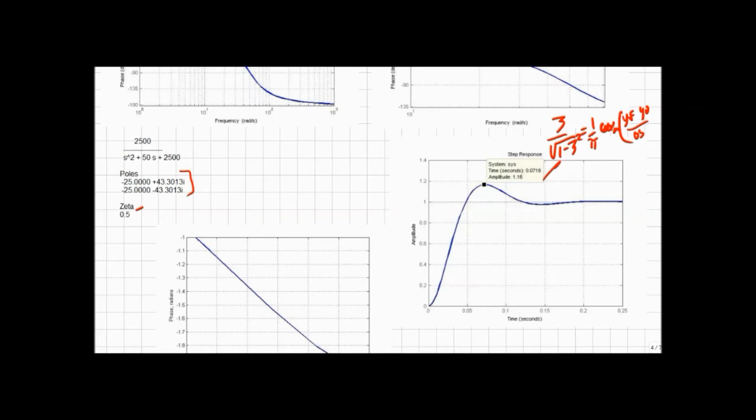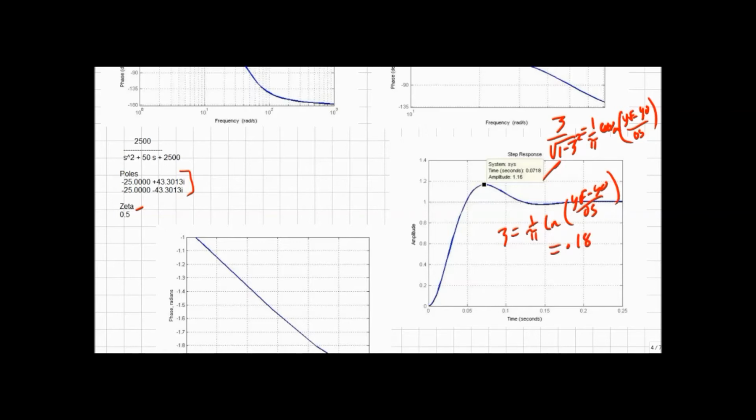I would say that zeta equals 1 over pi log of yf minus y0 over overshoot. And that would lead me to 0.18, which is not that close.